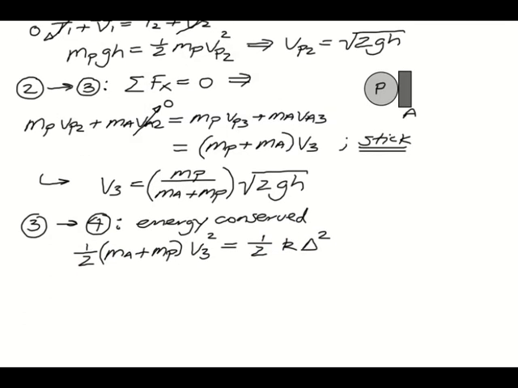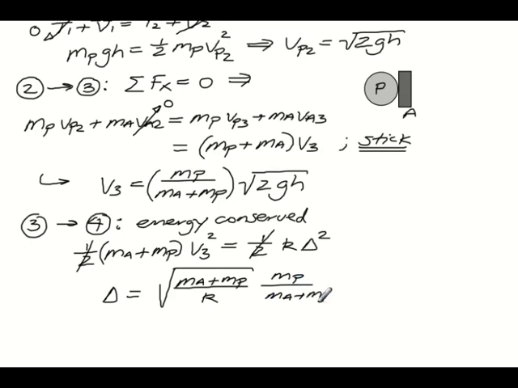So in order to find the compression of that spring, delta is equal to the square root of (m_A plus m_P) divided by k, times v3, and v3 was m_P divided by (m_A plus m_P) times the square root of 2gh.